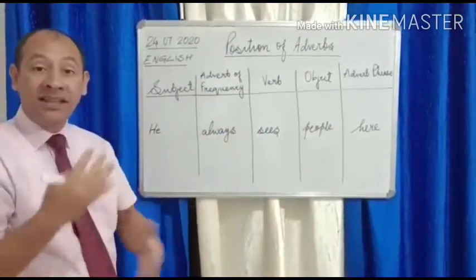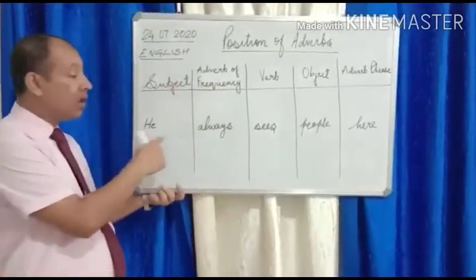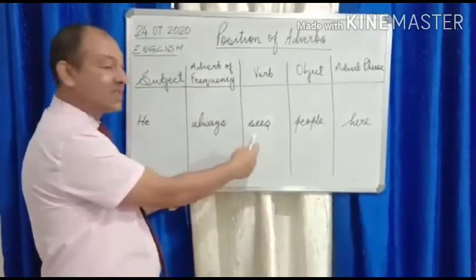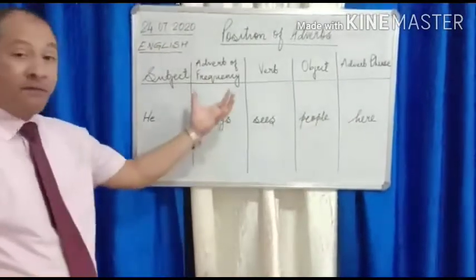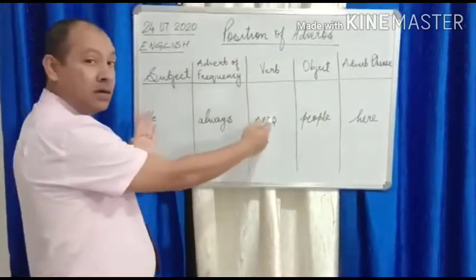It shows how often the action happens. So he always, adverb of frequency, sees people here, place. So adverb of frequency will always occur between the subject and the verb.